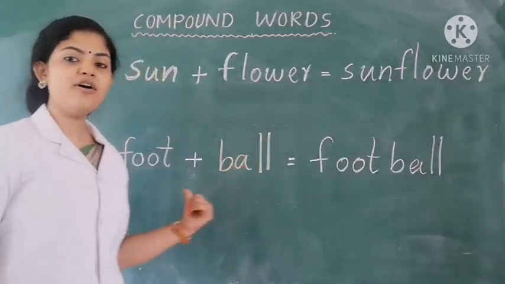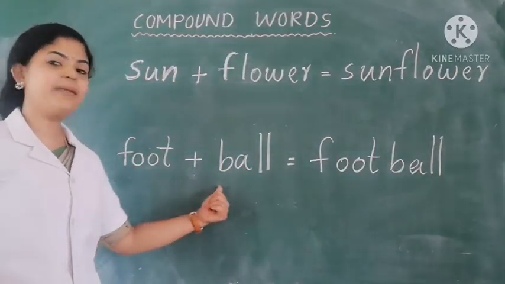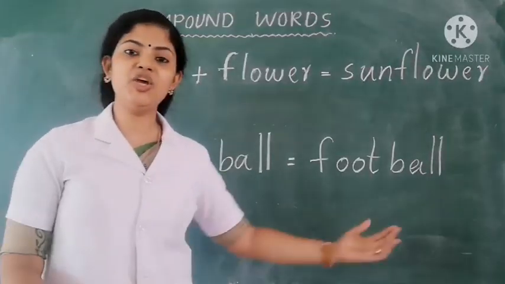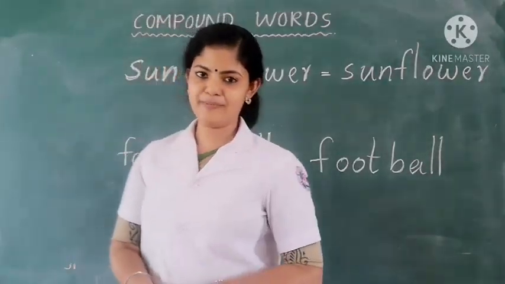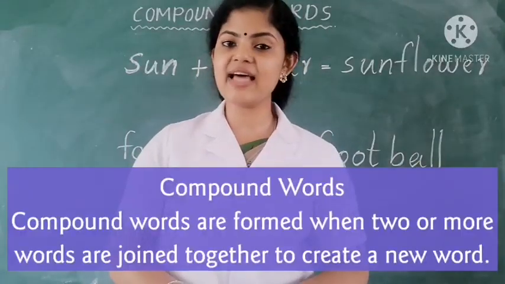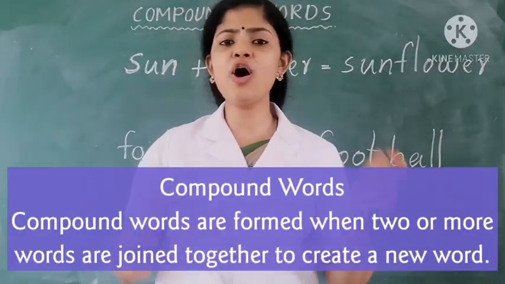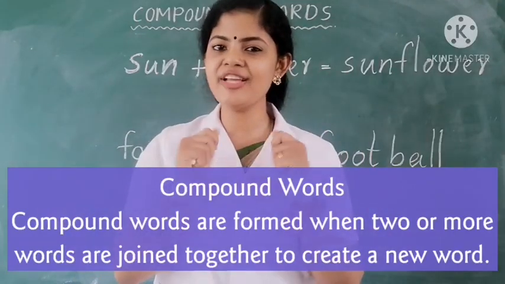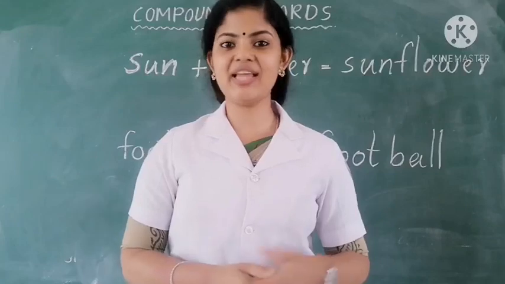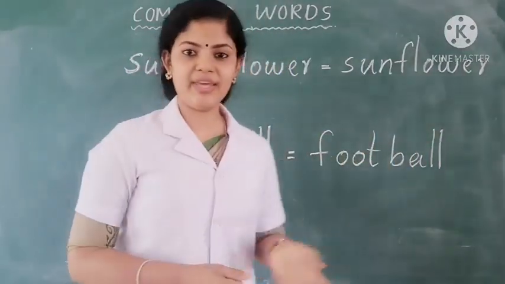And here also food has one meaning and ball has another meaning. When we join together, we got a new word. What is it? Football. So, what is a compound word? Compound words are formed when 2 or more words are joined together to create a new word. So, that's what we saw here.